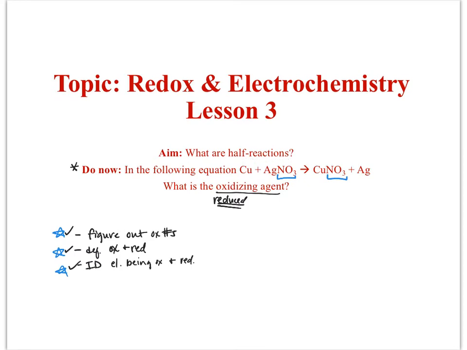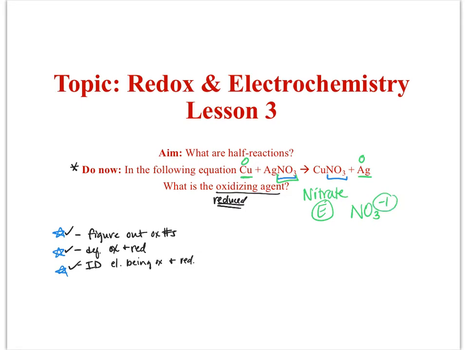Okay, so let's look at oxidation numbers. So for copper on the reactant side, since copper is by itself, its oxidation state's going to be 0. And then if you look at the silver on the product side, since that's by itself, it's going to be 0 as well. All right, now this NO3 is a nitrate ion. On table E, where your polyatomic ions are, nitrate has a -1 charge.